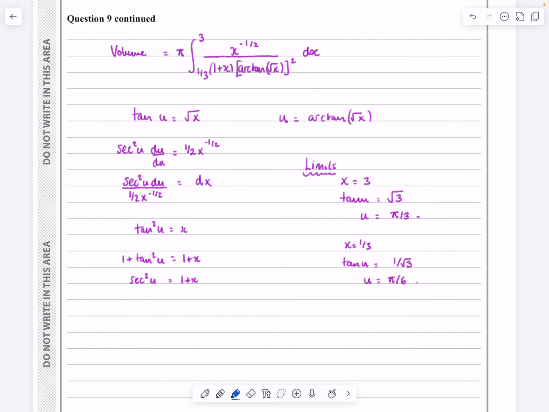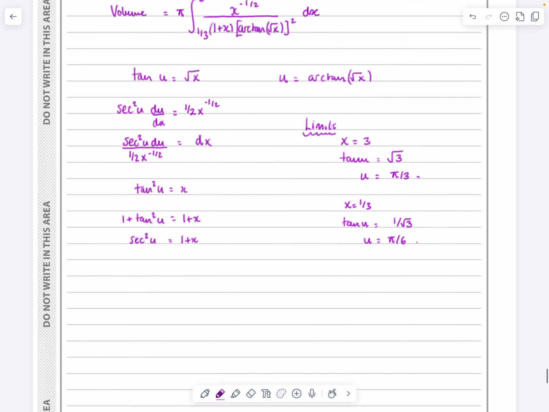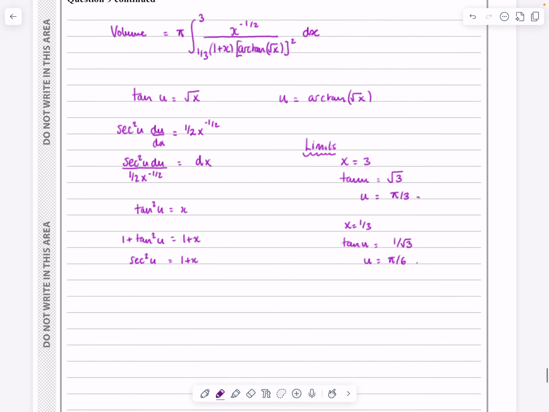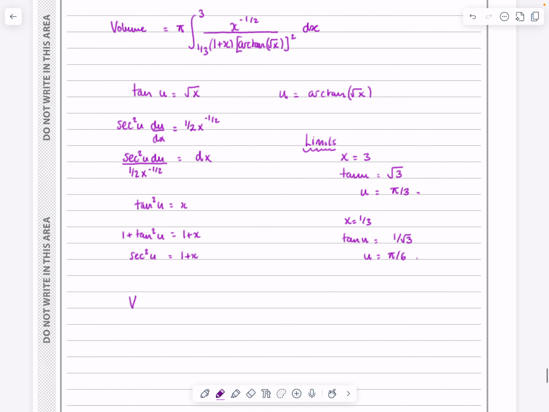So as I'm sorting all these things out, let's put in that my volume is then going to be equal to pi. So the limits are going to change. The limits are now going to be pi over 3 and pi over 6.